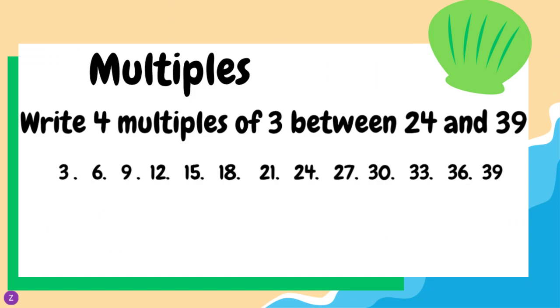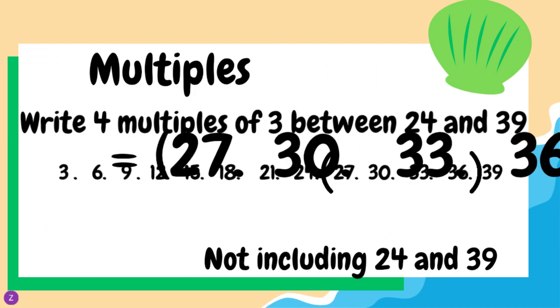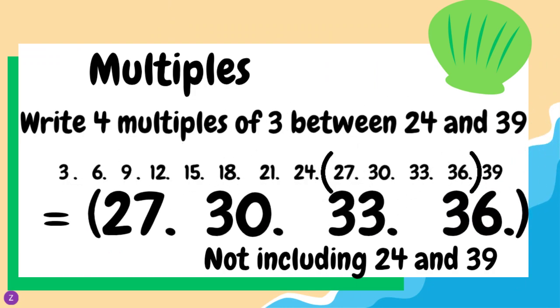Remember, between 24 and 39 does not include 24 and 39. So these numbers will be 27, 30, 33, and 36, which are the 4 multiples of 3 that are between 24 and 39.